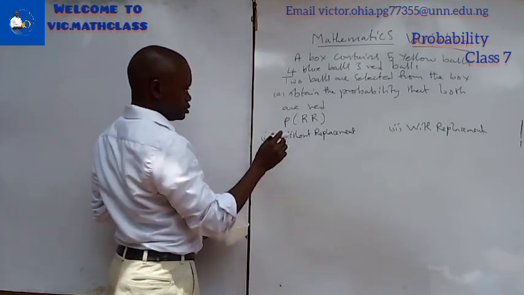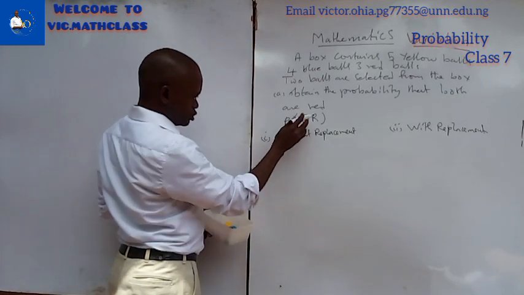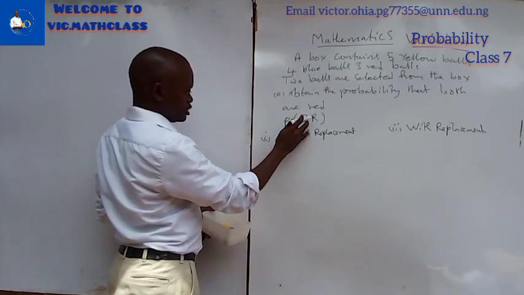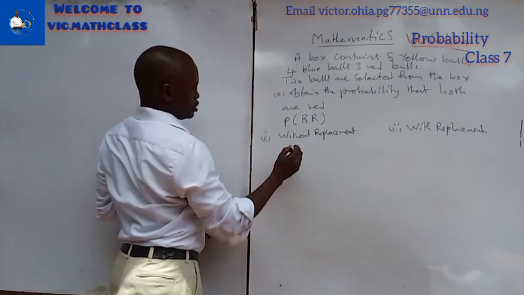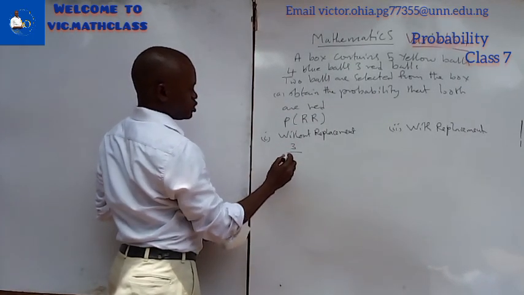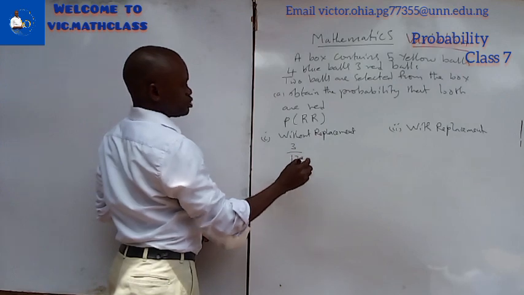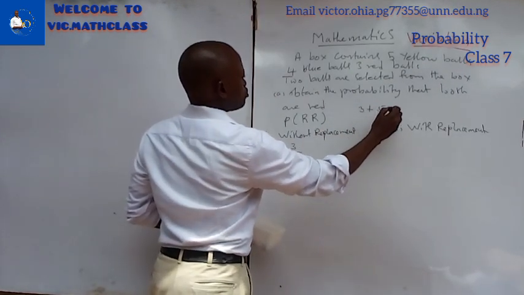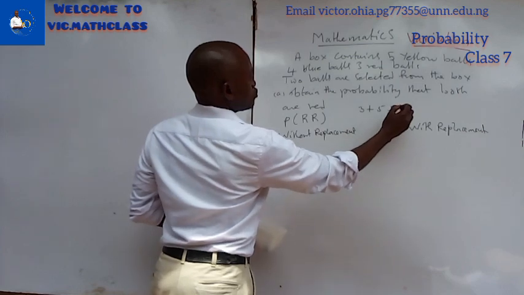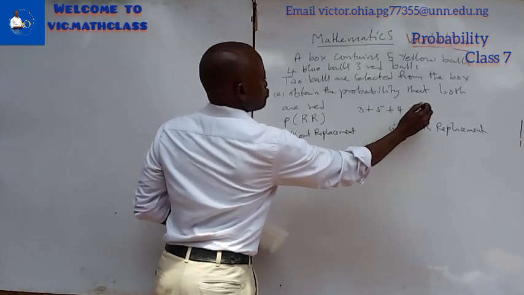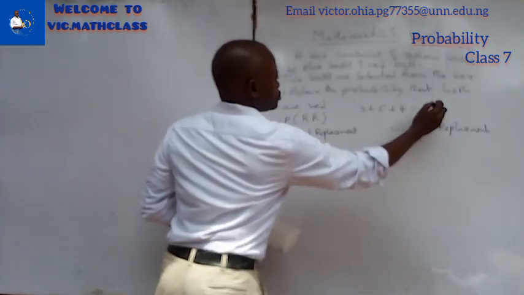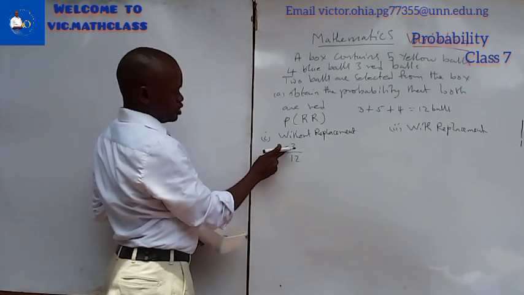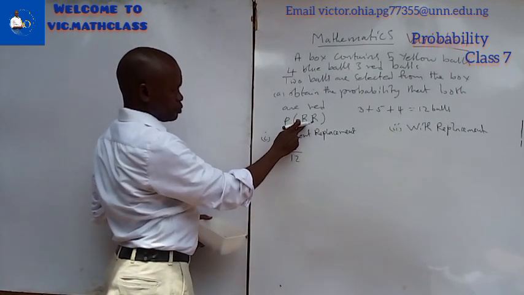Now look, the first selection here is red, so the probability of red in that selection is 3 over the sample space, which we have as 12, because 3 plus 5 plus 4, 8 plus 4, gives you 12 balls. So this is the first selection being red.